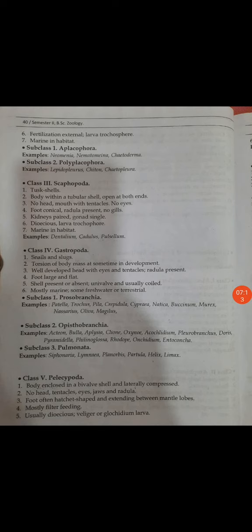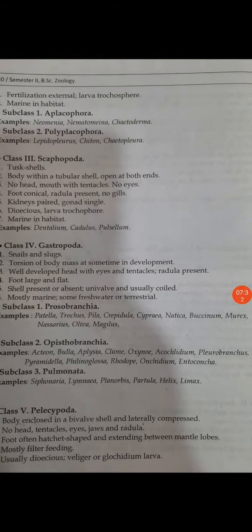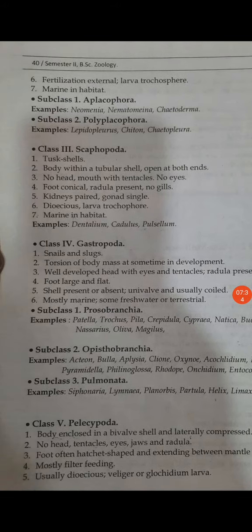Then class Gastropoda, where snails and slugs come, and the common example of snails we can observe easily. Then the fifth class, Pelecypoda. These have the body elongated in a bivalve shell. So these have bivalve shells. You will find these animals easily in the sand.